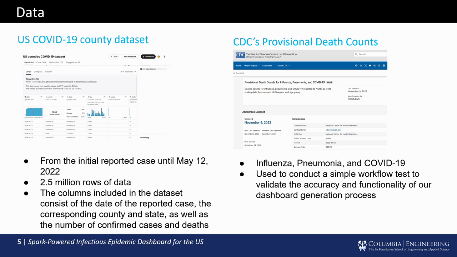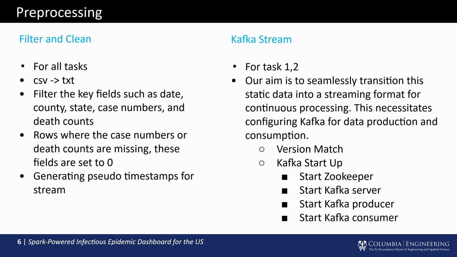We also use CDC's provisional death counts, which include influenza, pneumonia, and COVID-19, to conduct a simple workflow test to validate the accuracy and functionality of the dashboard generation process.